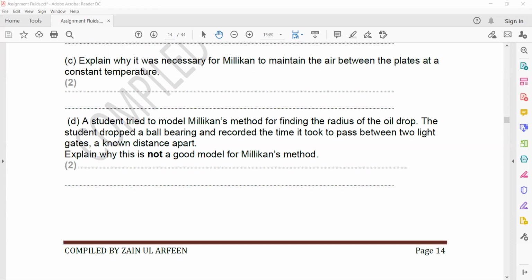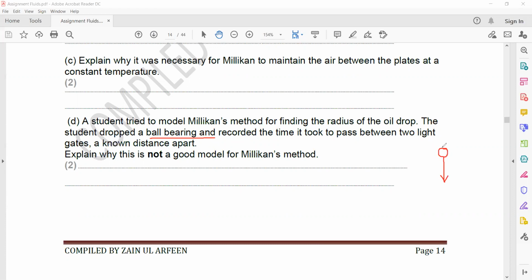The student just dropped the ball bearing and recorded the time it took to fall, but he did not drop this ball bearing in an oil or a fluid.